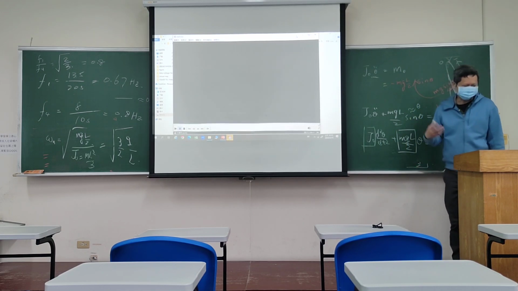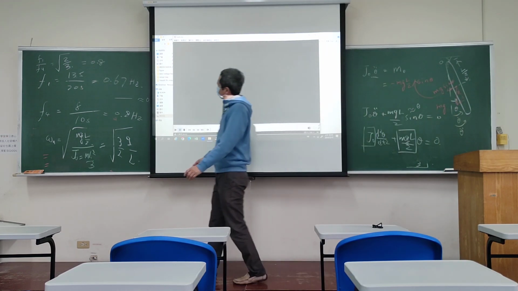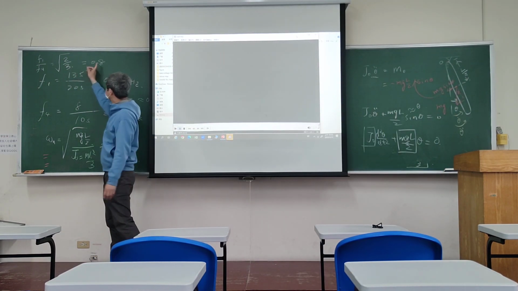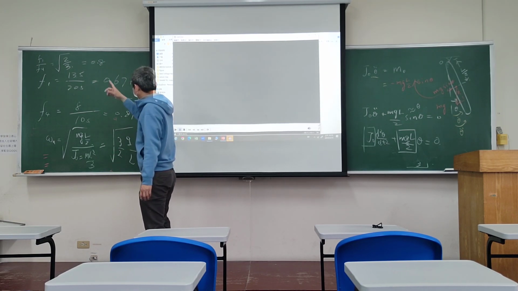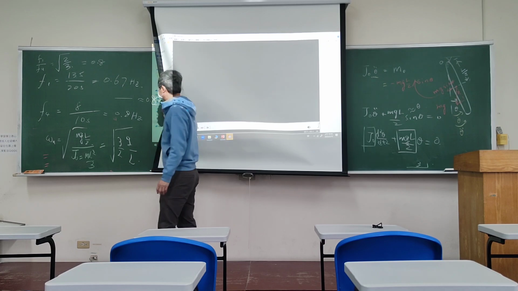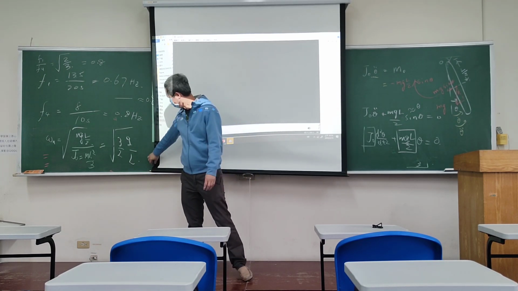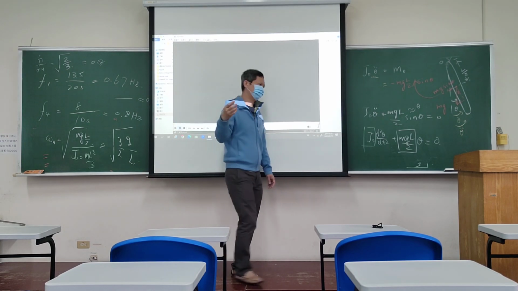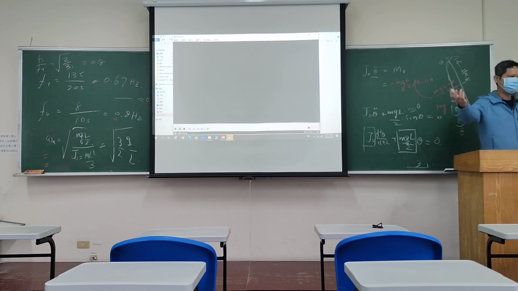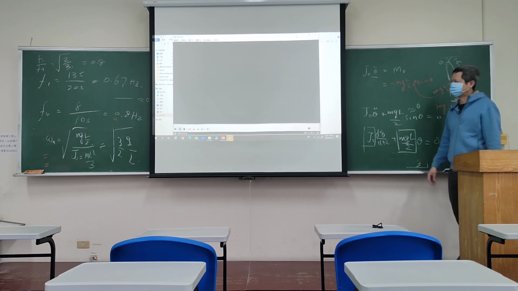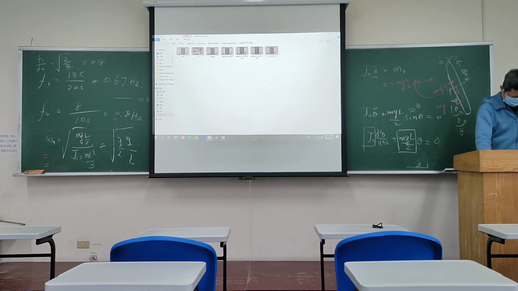So you take the ratio. The frequency ratio between the two experiments is 0.8 by calculation, and by experiment the ratio is 0.83. So it's quite close. Of course, the difference will be due to the actual length: the apple's gravity center is further away from the pivot. So that contributes to the difference.